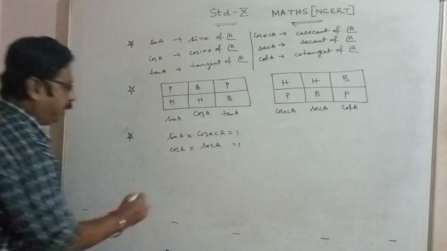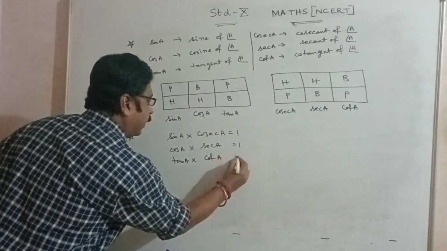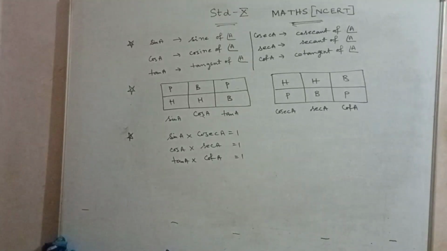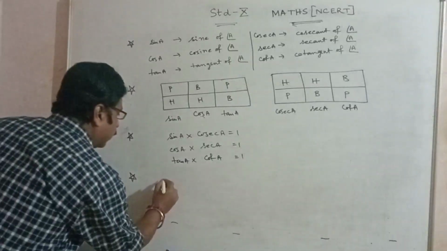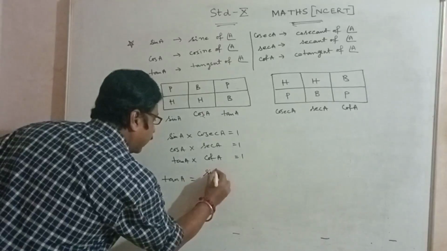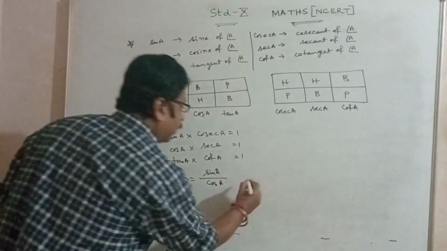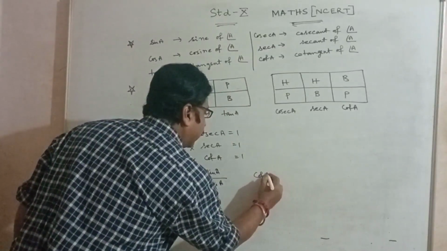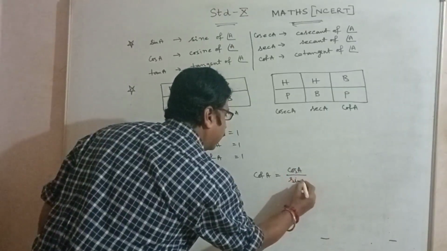Tan A into cot A is equal to 1. Tan A is equal to sin A upon cos A. Cot A is equal to cos A upon sin A.